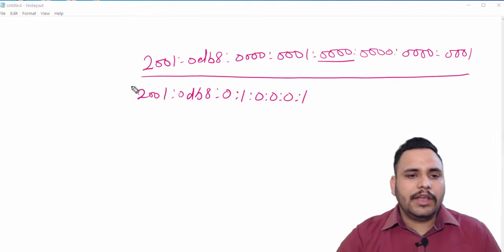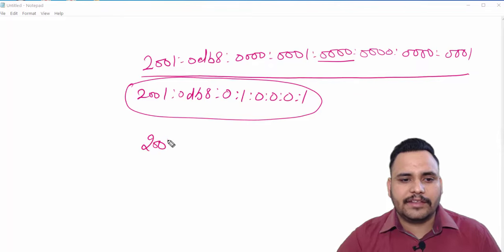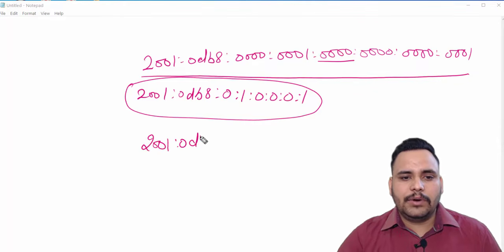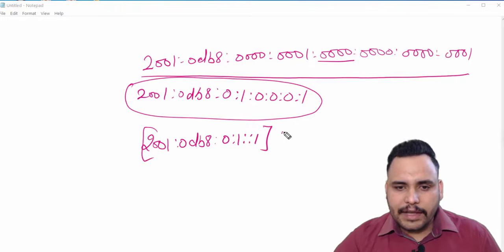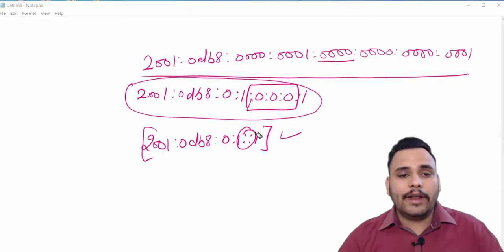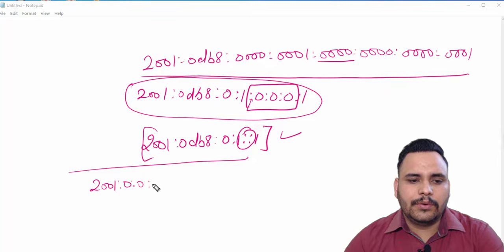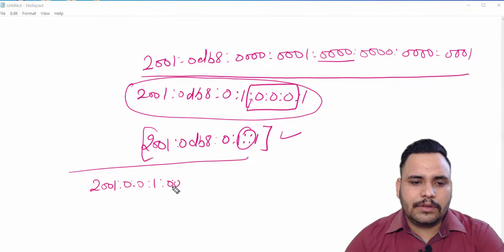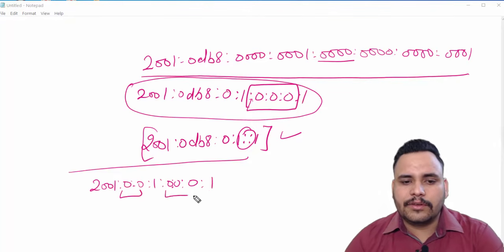If you want to shorten the expression of an IPv6 address, you can also write it like 2001:0db8:0001::1. A group of zeros can be represented with a double colon. But sometimes we get an address with two groups of zeros.